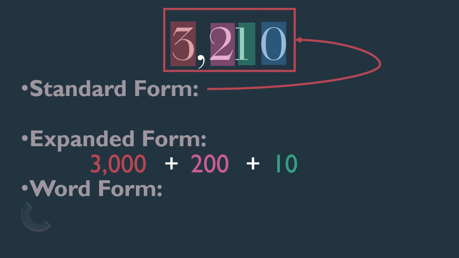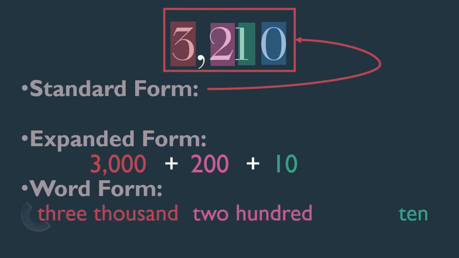So that's my expanded form, and then for word form I think about, okay, I say 3,210. So I write it out that way. Now remember, there's a comma after the 3,000, so I have to put that comma in my word form as well. So there you have it, standard form, expanded form, and word form of 3,210.